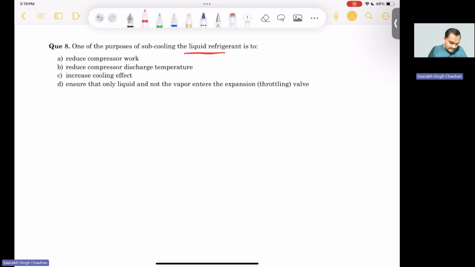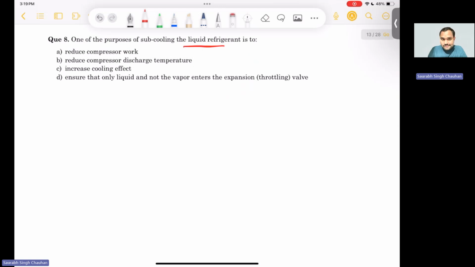Okay, so there are four options. One is saying to reduce the compressor work. So it has nothing to do with the compressor. Okay, it is saying to reduce the compressor discharge temperature. Part C says increasing the cooling effect. Part D says to ensure that only liquid, not the vapor, enters the expansion or the throttling valve or the capillary tube. So part D is the correct option. We do subcooling, we cool it even further, so that we make sure that only liquid goes inside the capillary tube or the expansion or the throttling valve.